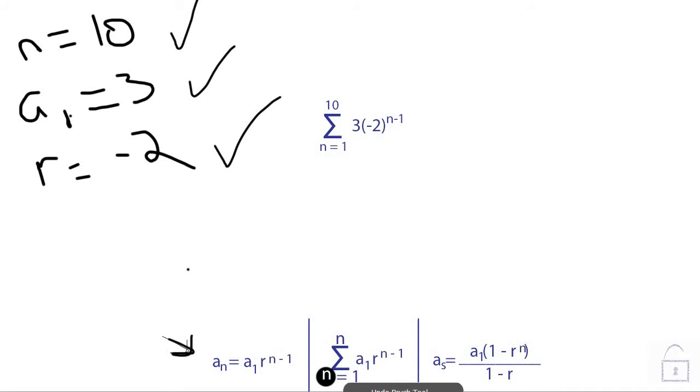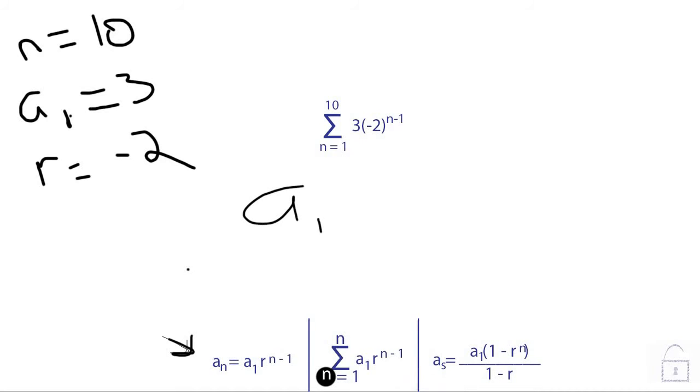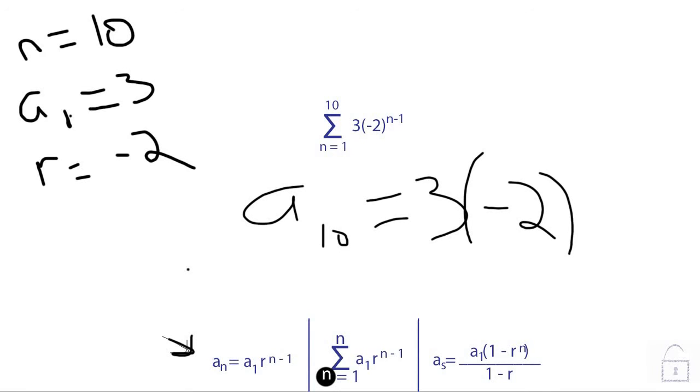Now we've got everything, so we can just plug and chug. a of n, actually we'll rewrite it as a of 10 because we're finding it for 10 terms, is equal to a of 1, so 3, times r, which is negative 2, to the n minus 1 power. So 10 minus 1 is equal to 9.